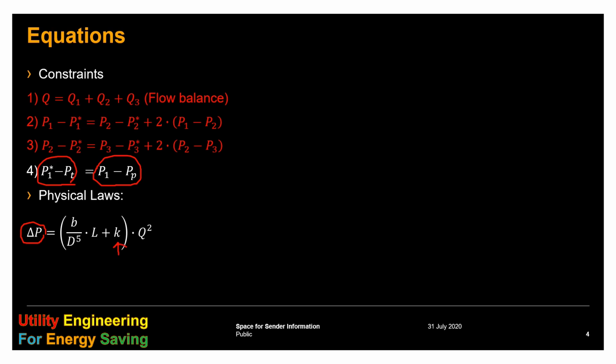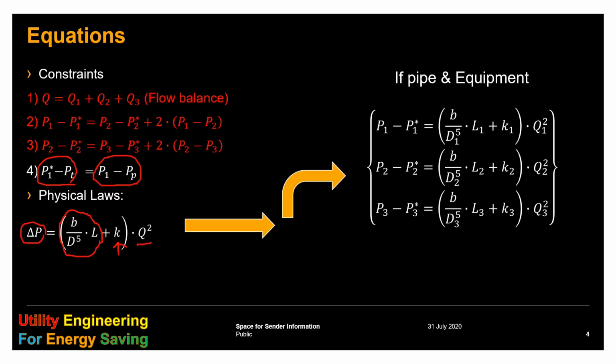So this is practically the pressure drop across the equipment, and this is the pressure drop over the pipe branch, and this is proportional to the square of the flow. If there is pipe and equipment, we need to use both terms, and we can express this general formula in those three equations, which are referring to our circuit.